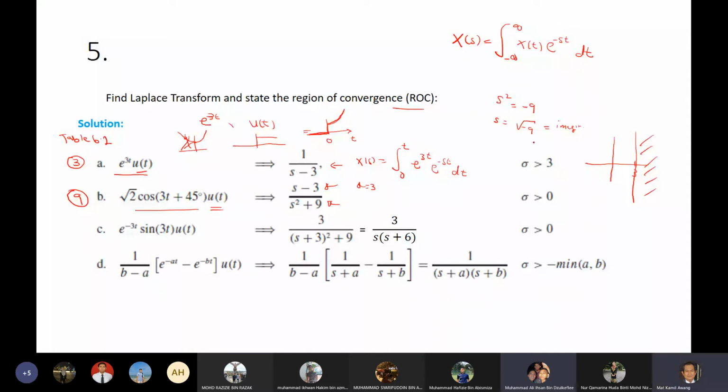What is the real part, the gamma part? 0, right? Because you get s equal to gamma plus j omega, so this is actually j omega. You don't have the real part. The real part is 0. So that's why the region of convergence is greater than 0.